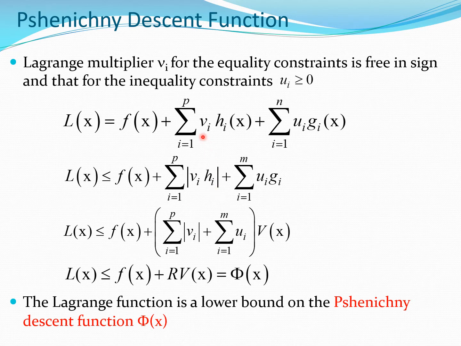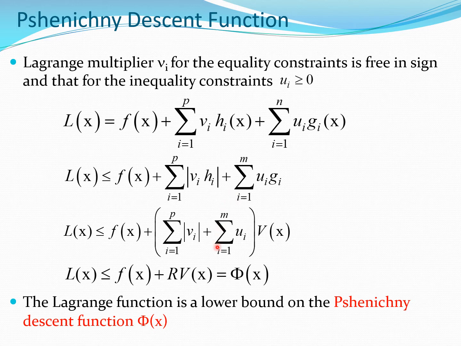Now remember that v_i is free in sign, h_i is also positive or negative depending upon the degree of constraint violation, and therefore this term could be positive or negative, and so some cancellations may take place. But if we take the modulus or absolute value, then this function here would be greater than the function you see on the top.